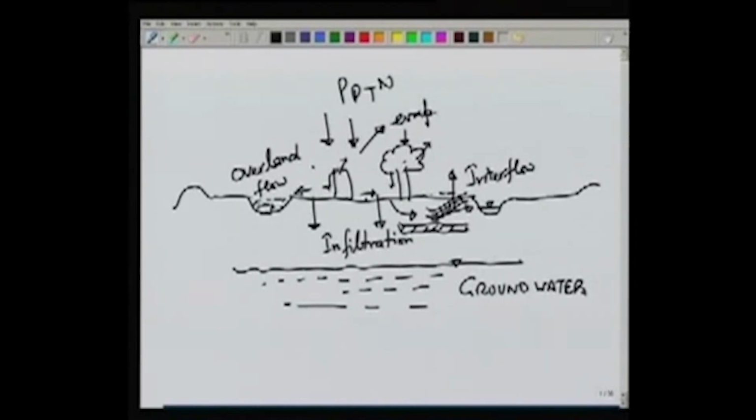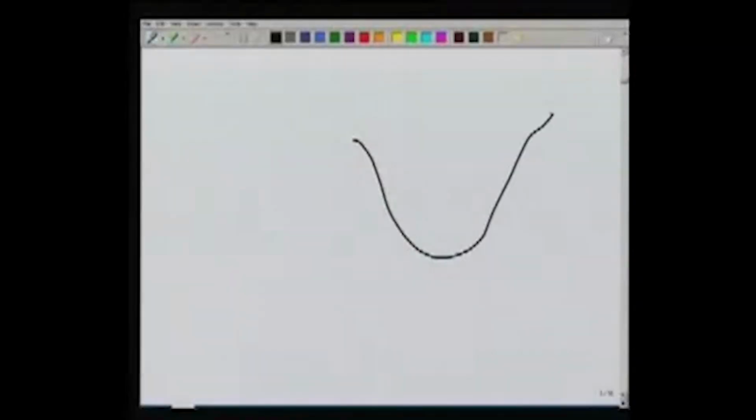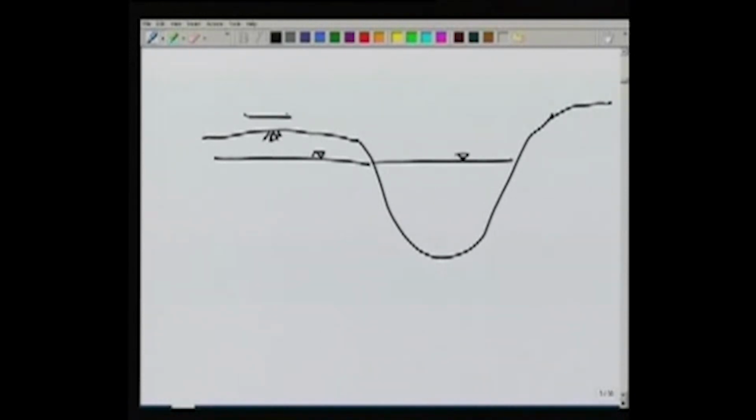Now various components of the runoff, if we look at, let's say, a river cross section, and let's say the ground surface is like this and the groundwater is here. The part which comes over the surface is known as surface runoff.